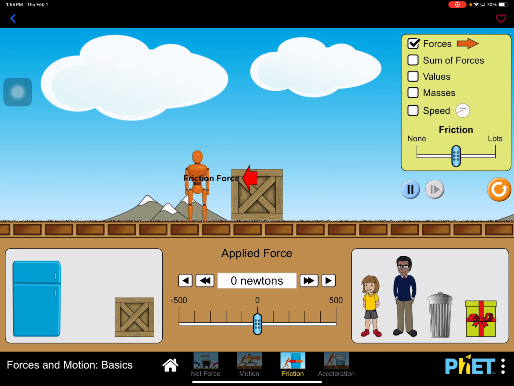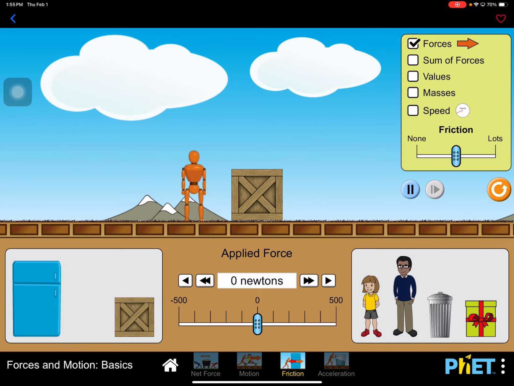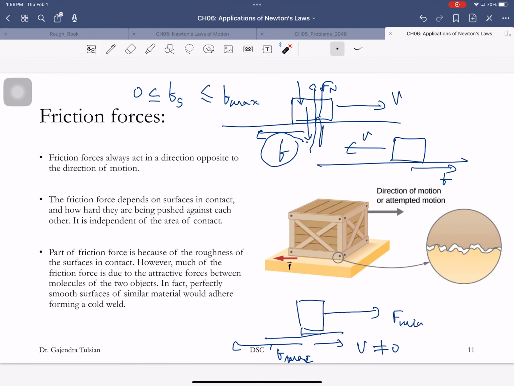So it turns out in that simulation the maximum static friction force was 125 newtons.